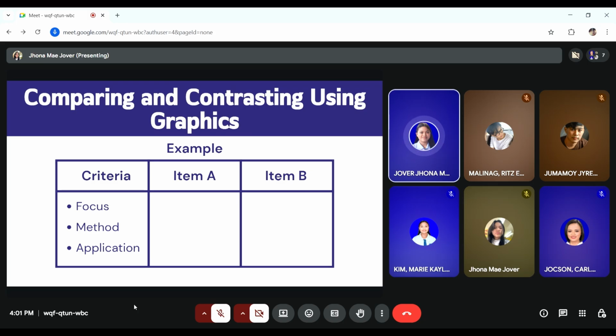For example, the first column is usually criteria, and it lists the specific aspects such as focus, method, and application. These criteria serve as the standards for examining each item. The next column contains the items being compared, such as item A and item B, and each row then allows the writer to compare both items according to one specific criterion at a time.